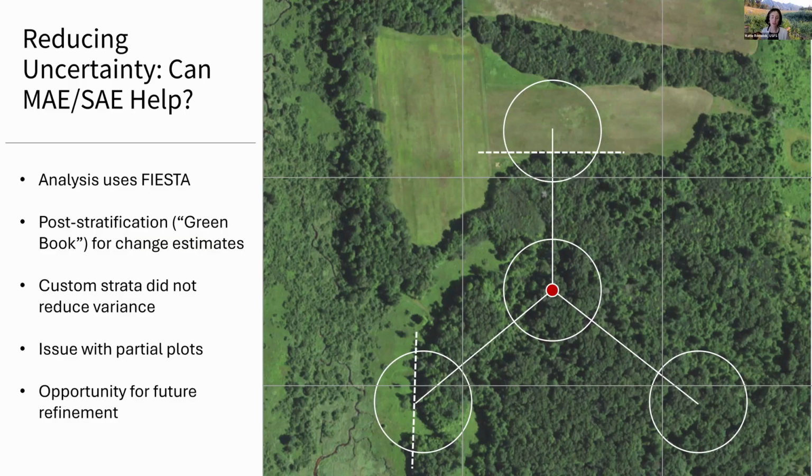When I started looking into small area estimation, though, I quickly realized that this was going to be a challenge with these partial plot conversions, because typically those techniques rely on auxiliary data, so a raster, and the raster value is taken from coordinates at plot center. So this image here is showing what is scaled to be a 30-meter raster overlaying a plot.